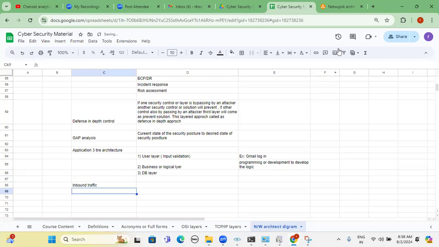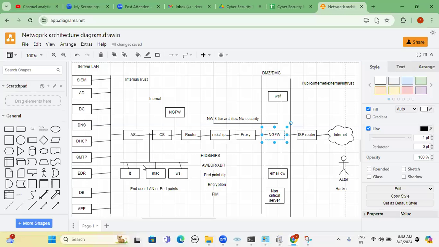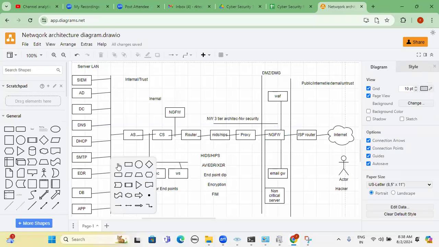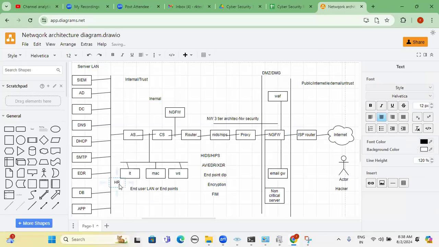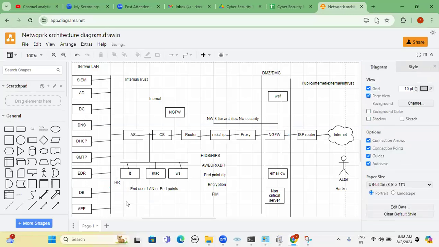What is this inbound traffic? For example, go back to this particular diagram. Say this is one of the HR people, part of the talent acquisition team. One of the vacancies is for machine learning. Now this talent acquisition team or HR person will go to either LinkedIn or maybe Naukri. They have their agent username and password.